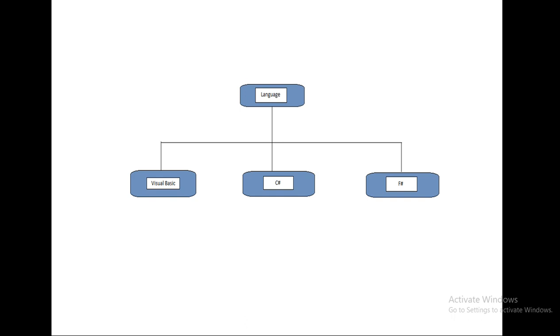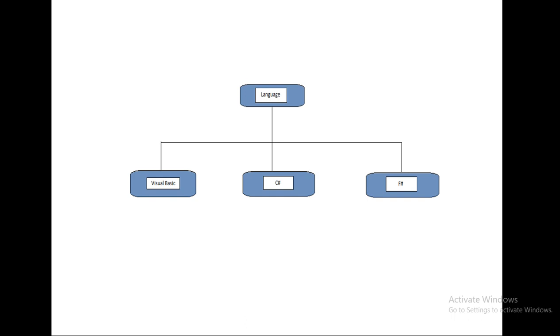So Microsoft developed these three languages so that a developer can easily develop applications in .NET Framework itself, and those applications will be easily deployed, or can be run, in .NET Framework.